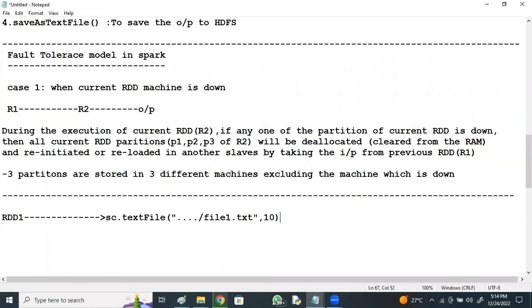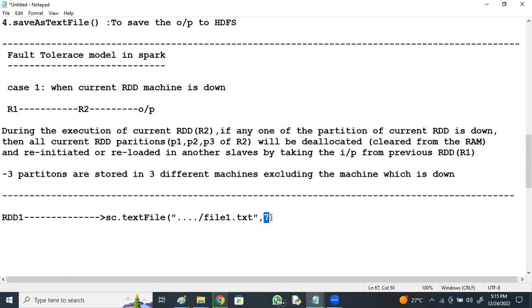10: if you give 10 partitions, you will get 10; 5 means 5 partitions; 7 means 7 partitions. While loading itself, we can give the number of partitions we want. By default it takes its own, but if you want to set your own, you can give 10 or 8 or 7 or 6. We can control the number of partitions in Spark. In Hadoop or other tools, we cannot control the parallel processing, but here we can.